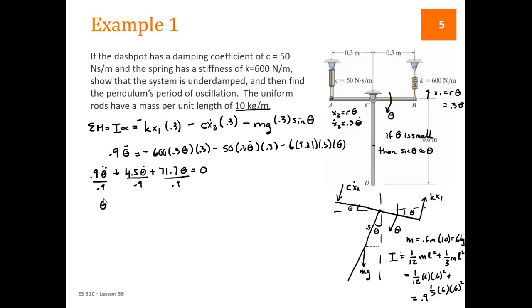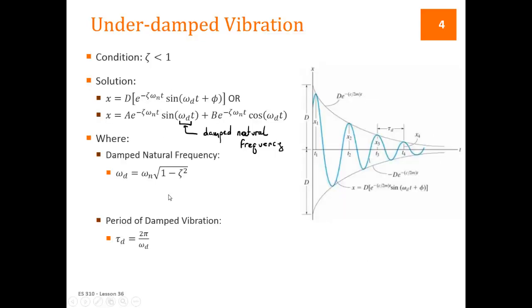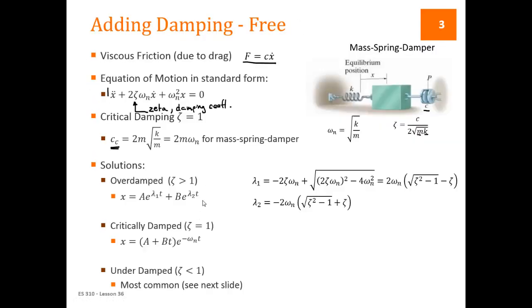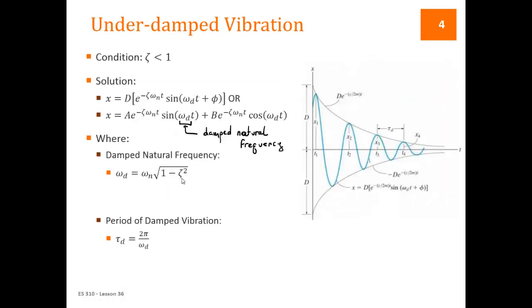And we get theta double dot plus 5 theta dot plus 79.6 theta is equal to 0. Now if we look at our standard form on the previous slide, 2 slides back, the coefficient of the x dot term is 2 zeta omega n, and the coefficient of the x term is omega n squared.